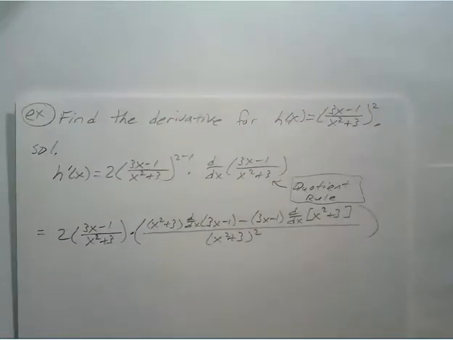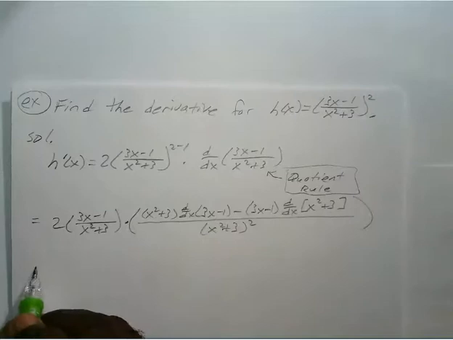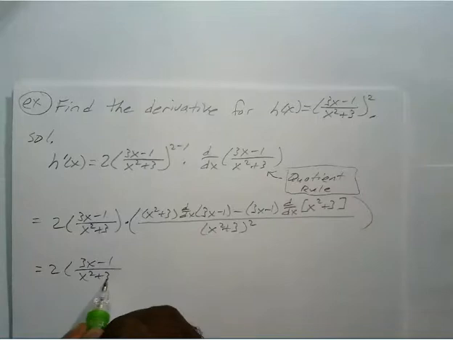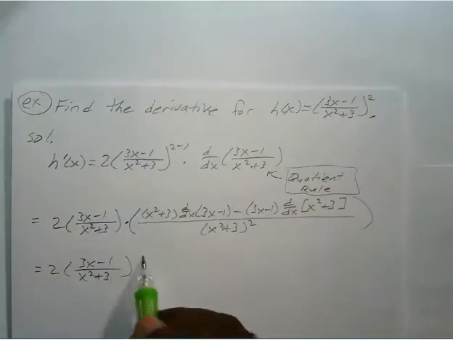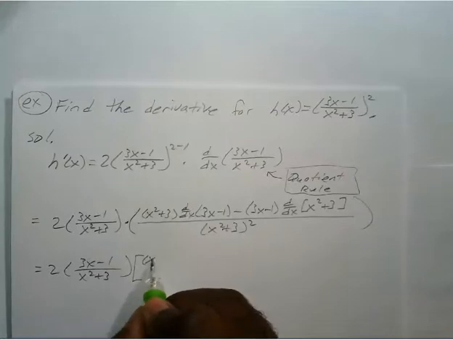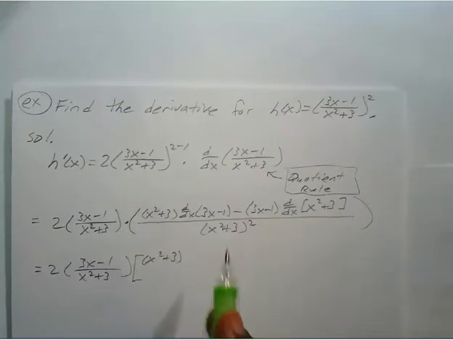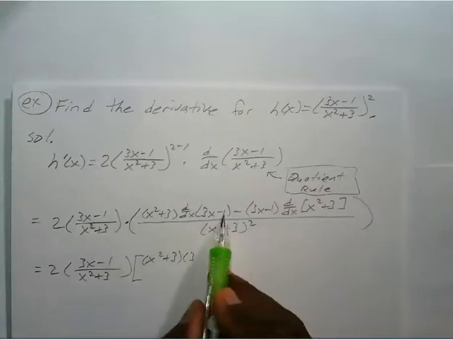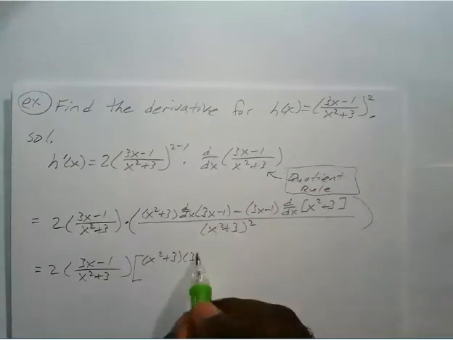Alright, so we can go ahead and simplify those terms. We have 2 times (3x minus 1) over (x squared plus 3), times, we have x squared plus 3 times the derivative of 3x is just 3. Derivative of 1 is 0, so that's just 3.